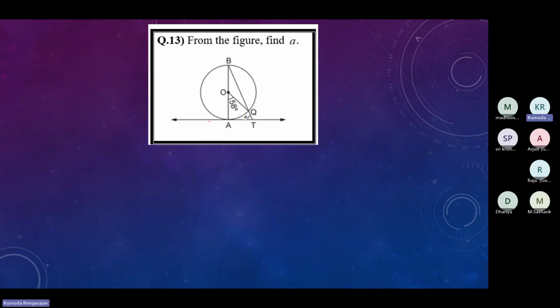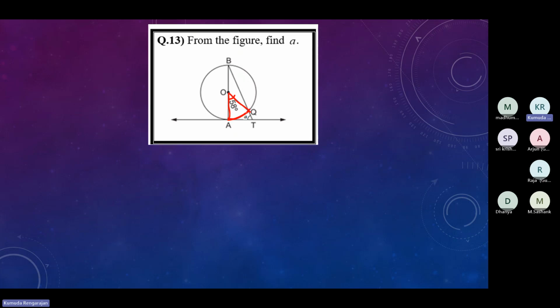So going down to 9th standard, the angle subtended by an arc at the center is double the angle subtended by the same arc at any point on the remaining part of the circle. Arc AQ makes angle AOQ at the center.